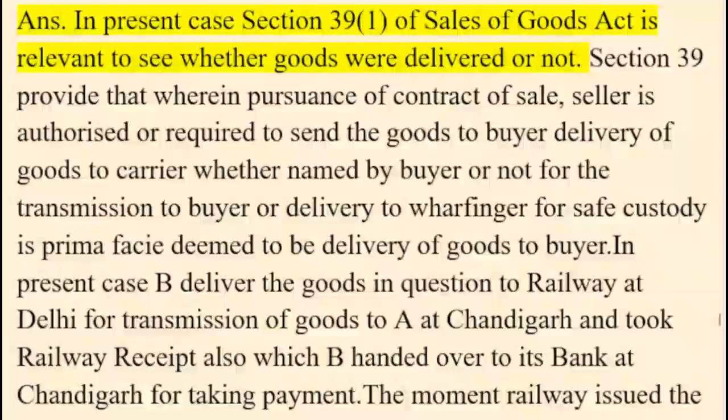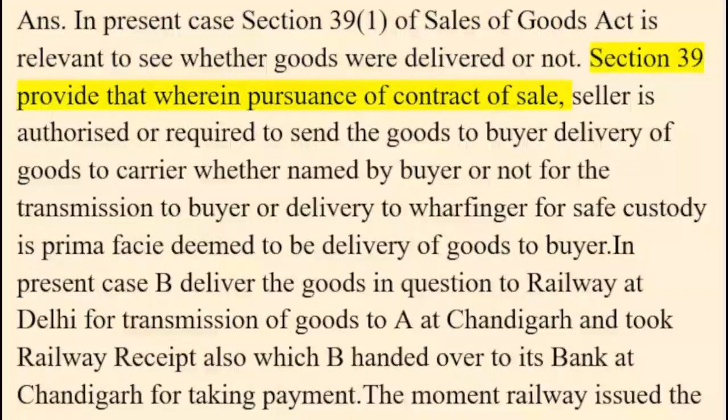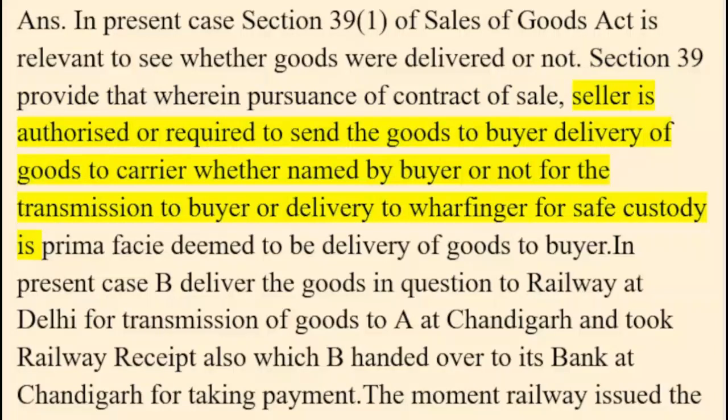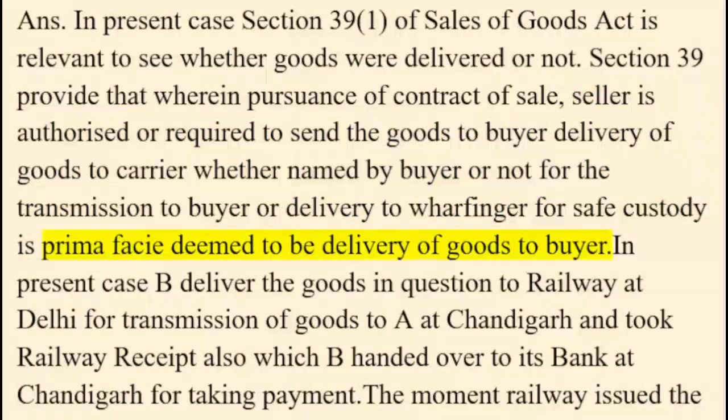Ans. In the present case Section 39(1) of the Sale of Goods Act is relevant to see whether goods were delivered or not. Section 39 provides that where, in pursuance of a contract of sale, the seller is authorized or required to send the goods to the buyer, delivery of goods to a carrier, whether named by the buyer or not, for transmission to the buyer, or delivery to a wharfinger for safe custody, is prima facie deemed to be delivery of goods to the buyer.